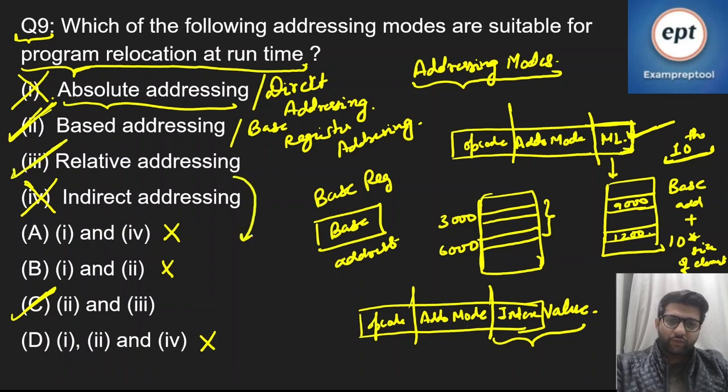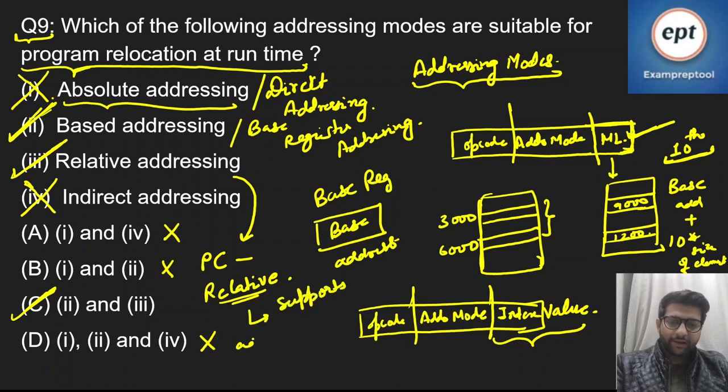So I'm leaving this for homework. Try to revise what the PC relative addressing mode is. Here we have worked out why these other addressing modes do not support program relocation. Try to work out why PC relative or relative addressing supports program relocation.